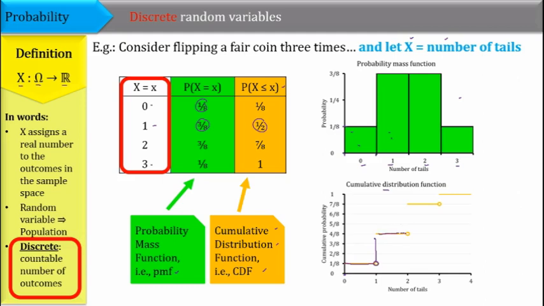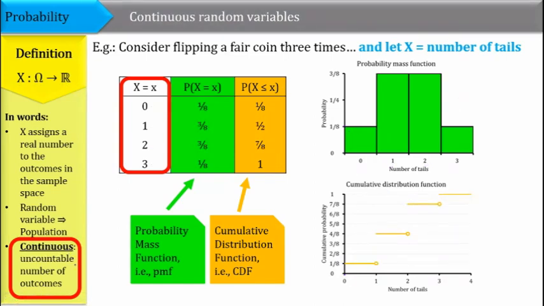Then it'll stay at 4 over 8 until we get to 2. Then at 2 we'll add another 3 over 8, and that will give us 7 over 8. So this is the 7 over 8. And then at 3 it jumps up by another 1 over 8, so that will give us 1, etc. But the important thing is, in the case of a discrete random variable, our CDF is a step function.